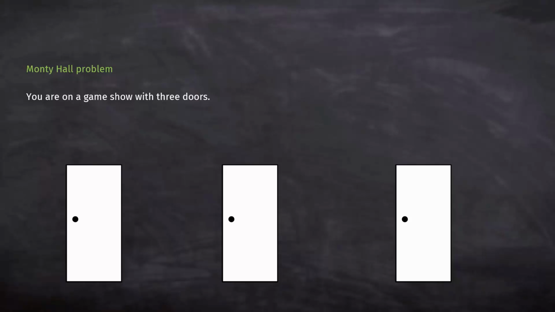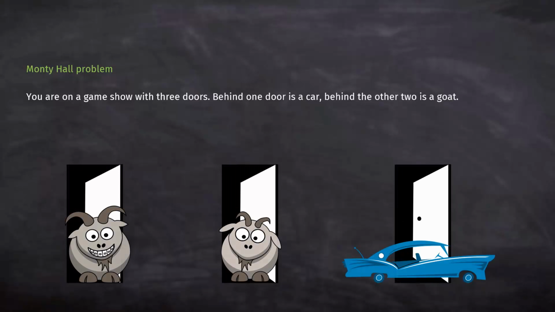It's the Monty Hall problem, and it's the following. You are on a game show and there are 3 doors in front of you, and the host is going to show you these doors. So the host walks by all doors, opens them, and shows that behind 2 of the doors there is a goat, and behind 1 of the doors there is this awesome car that you've always wanted.